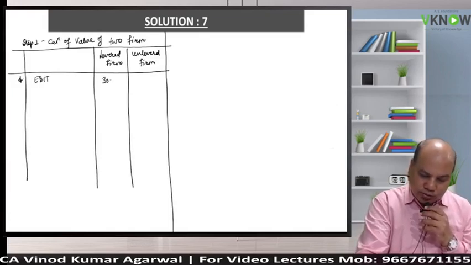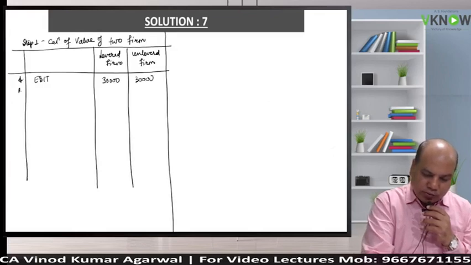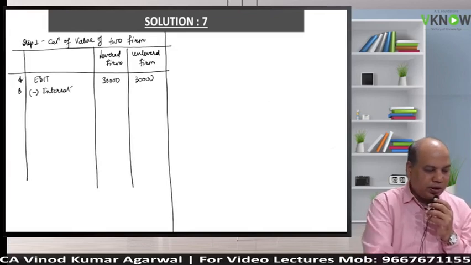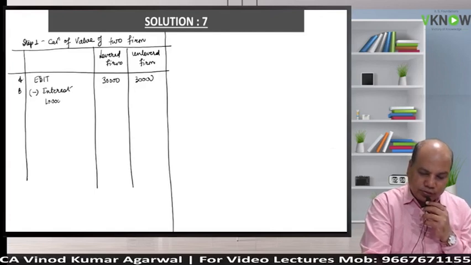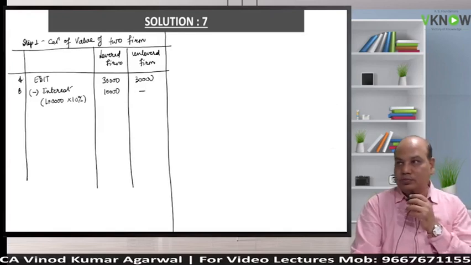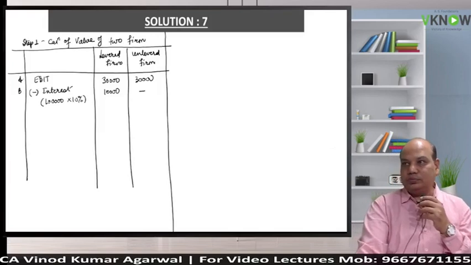Both firms have rupees 30,000 EBIT. Keep writing along with me or you will be left behind. Less interest. First company has interest 1 lakh into 10%. Question is in front of you. Today you will revise the whole chapter again. 10,000 in the first column.